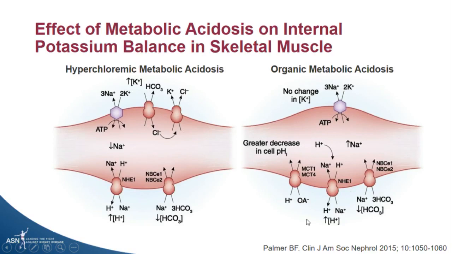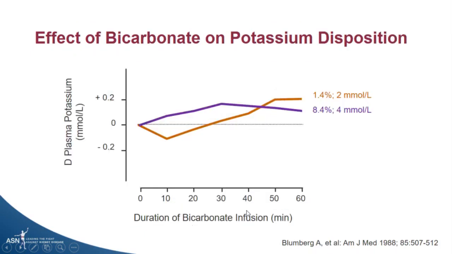In organic acidoses, the entry into the cell is by non-ionic diffusion, not resulting in a change in the intracellular sodium, and not resulting in a change in the activity of the sodium-potassium ATPase, and resulting in no or minimal change in the serum potassium concentration.